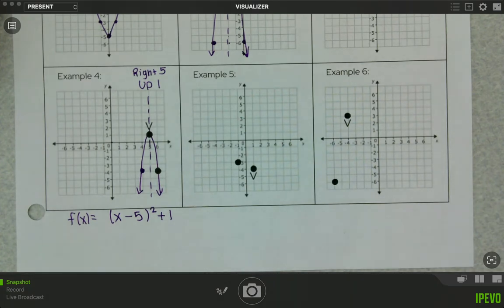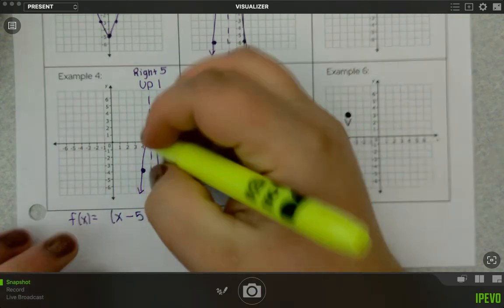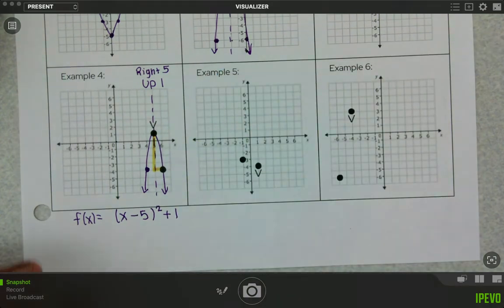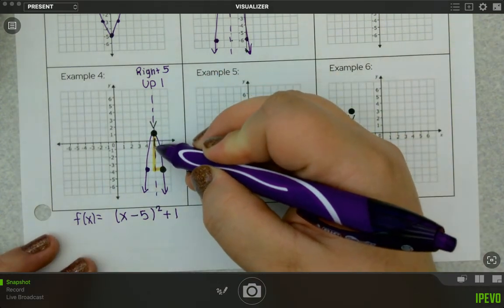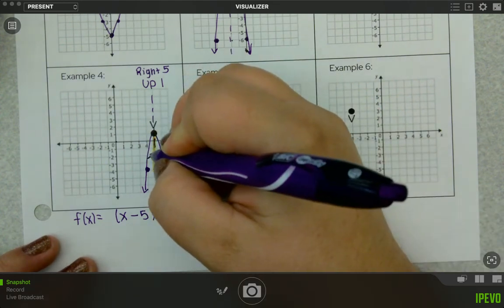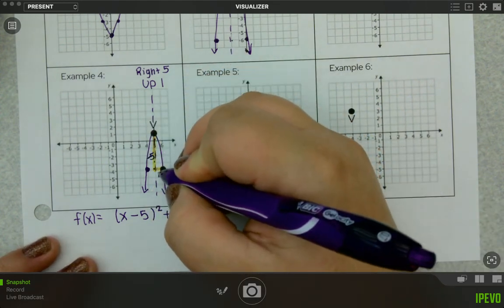The third piece is a little bit trickier because you have to decide what the pattern is. So if I count from here to here, it is going down 1, 2, 3, 4, 5. And it's going over 1.